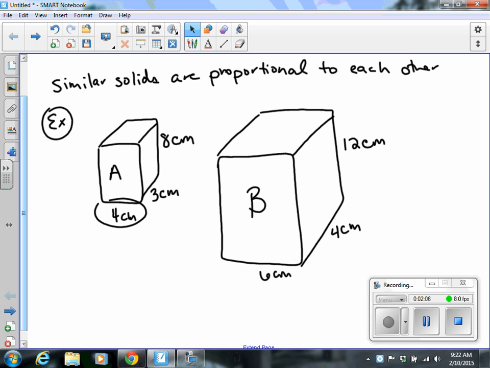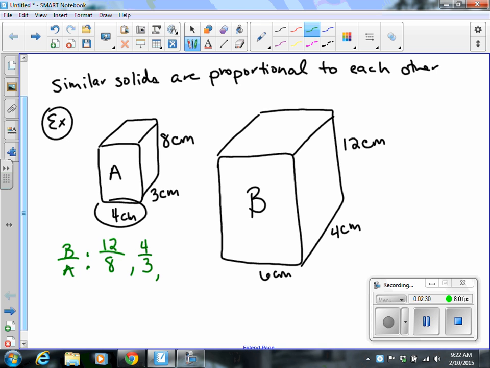All of those ratios would be the same. I'm going to start off with B over A, so I'm going from box B to box A. Box B's height is 12, box A's is 8, and then we've got 4 to 3, and then 6 to 4. Does everyone see how the different lines or edges line up?